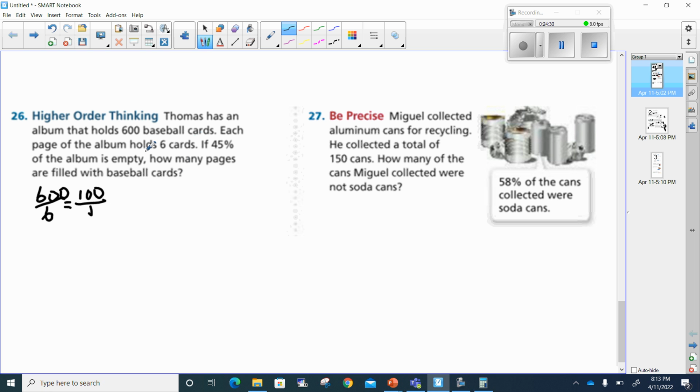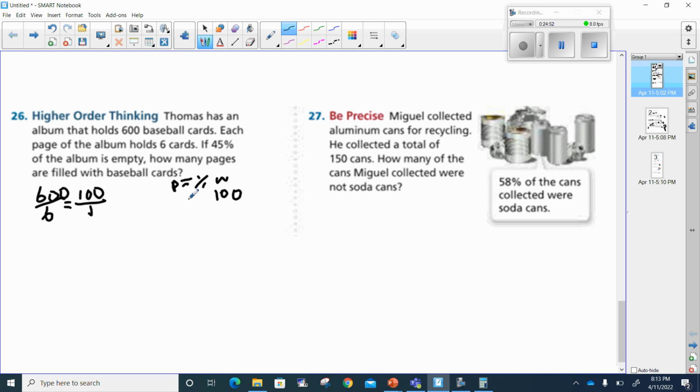So now that I know there's 100 pages, I have to take 45% that are empty. Well, 100 is my total. Multiplying it by 45%. Remember, this is part equals percent times whole.